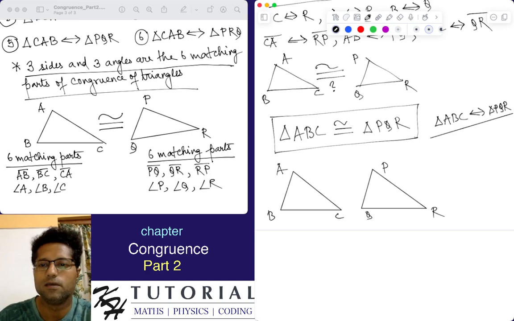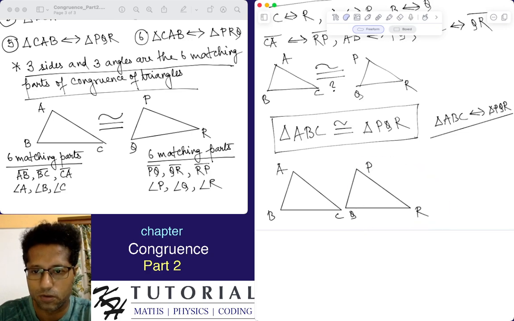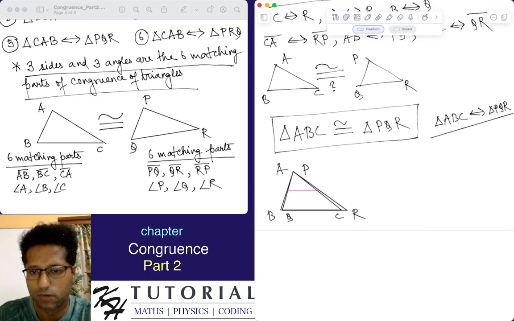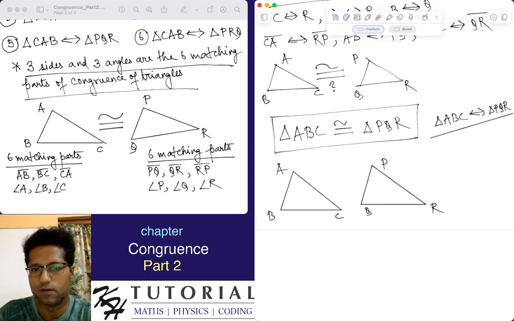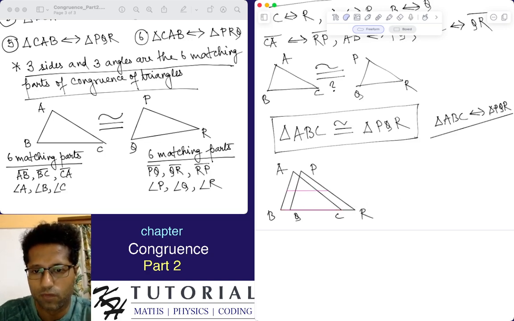When I try to verify whether these two triangles are congruent or not, eventually I will use the method of superposing. That is, I will try to place the triangle PQR on top of triangle ABC and see if they overlap properly, because the drawings of these two triangles are not perfect. So I will try to overlap these two triangles perfectly.